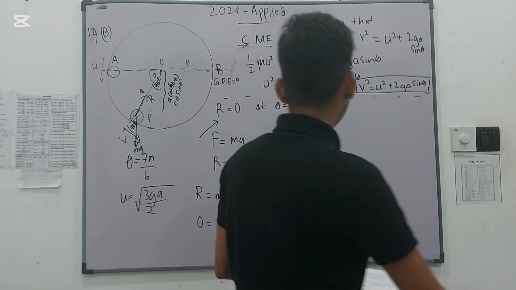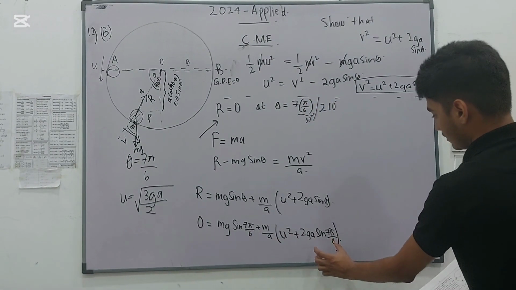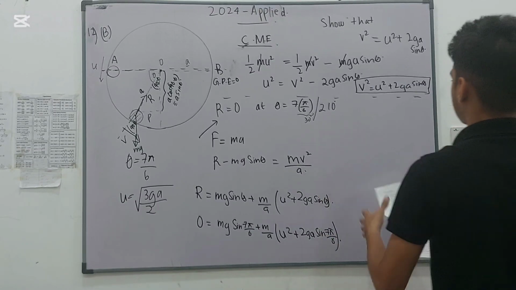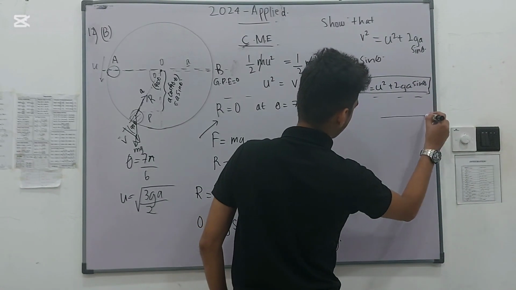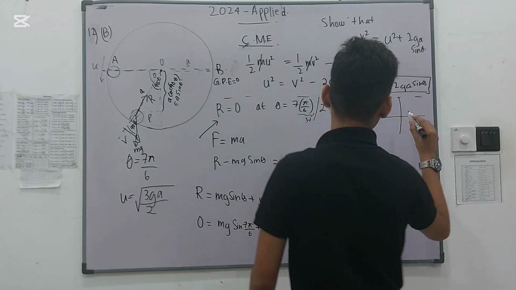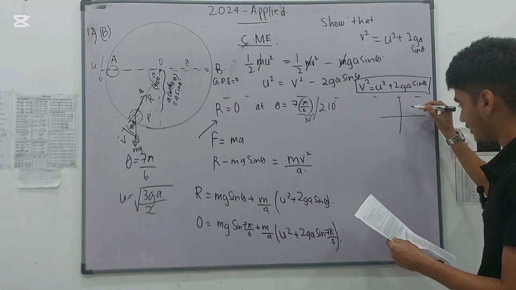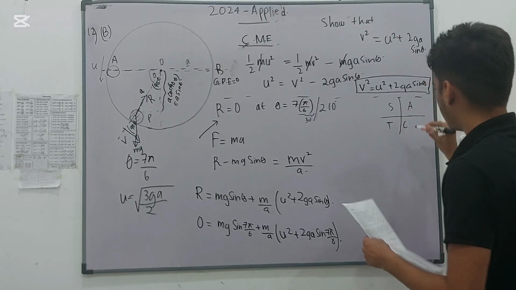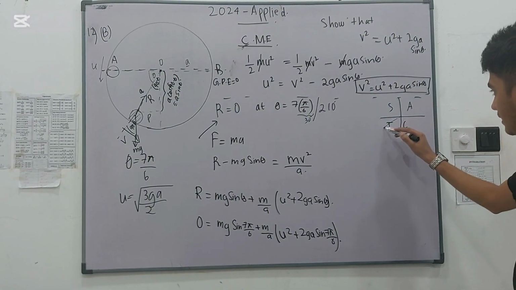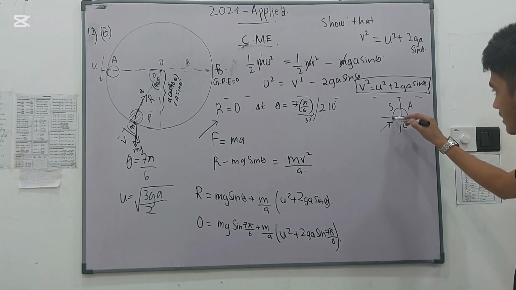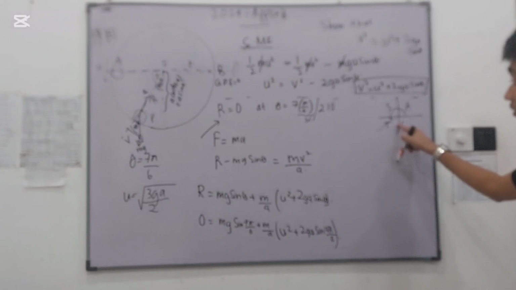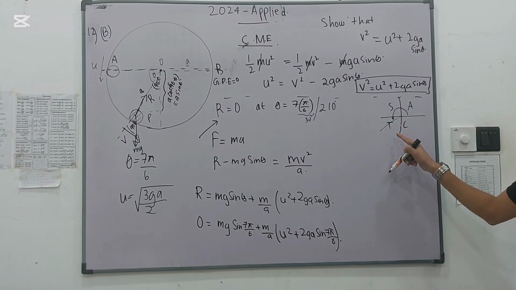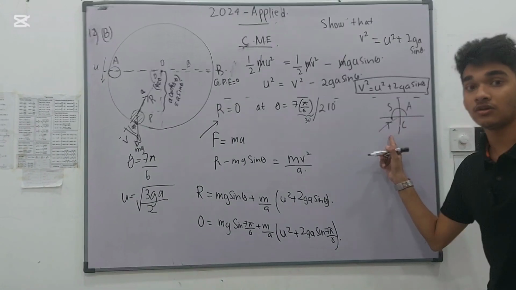So let's come to here. They are asking for sin 210. When we look at the trigonometric tables, trigonometry comes all over combined maths. We know ASTC. So 210 is an angle like this. This is in the third quadrant. In the third quadrant, only tan is positive.